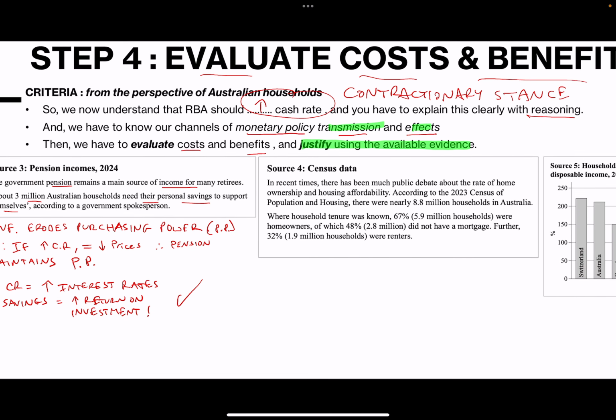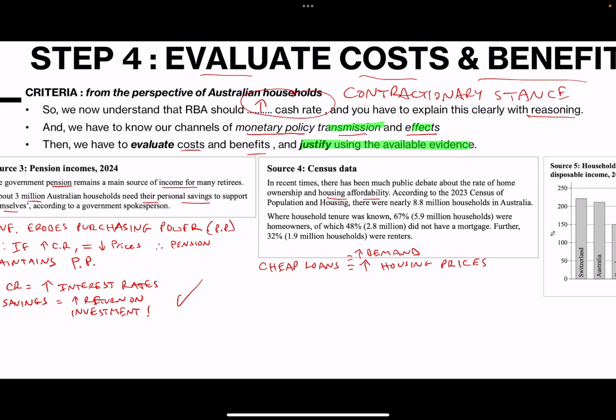Let's look at our contractionary stance here, so I'm using the evidence I've got. In recent times, there has been much debate about the rate of home ownership and housing affordability. Remember that with housing affordability, cheap loans equal rising housing prices. Cheap loans, which is what happened during COVID, equal an increase in demand.